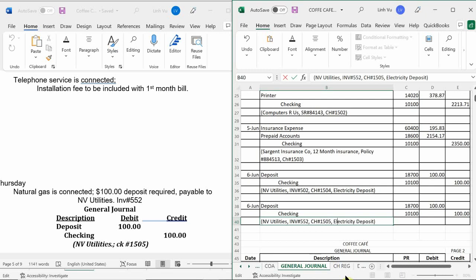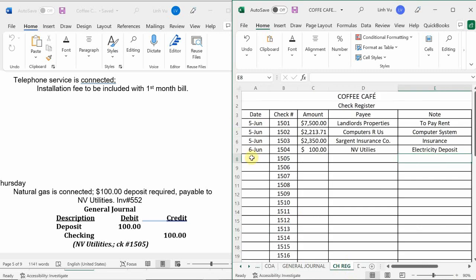And this isn't electricity deposit. This is going to be gas deposit. But everything else looks the same, right? All we had to do is fix our description. We still end up paying NV Utilities $100 deposit. So let's go ahead and grab our check first, and then we'll finish off this later.